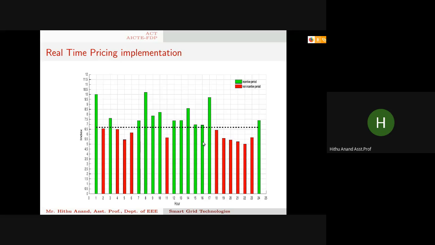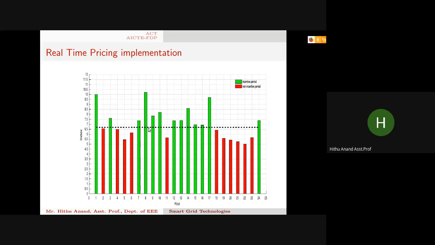Okay. So this is the pricing strategy that I have proposed. So if I explain this strategy, what you are looking at is called power to cost index. So this dotted line represents a value of 6.69.